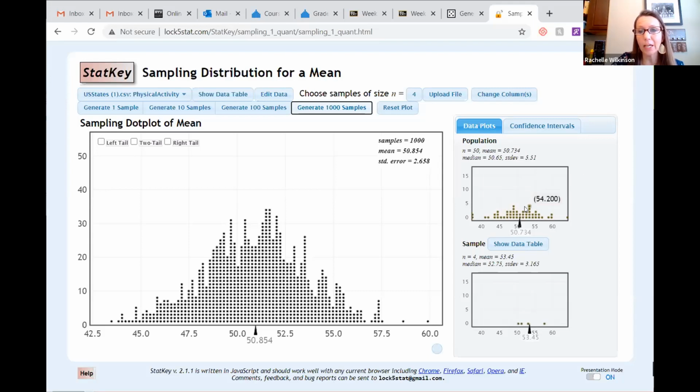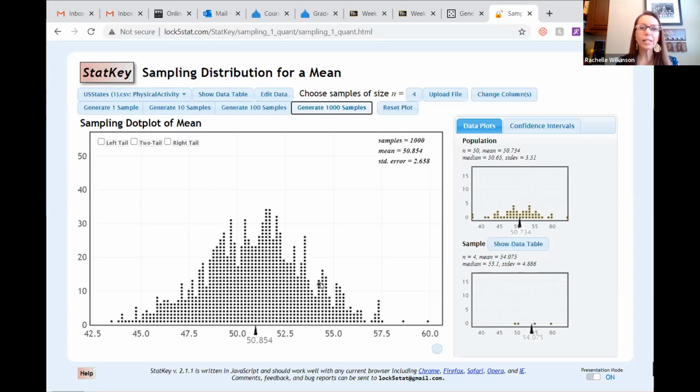In our population, one dot was one individual, but in a sampling distribution, one dot is one sample mean. So it's one sample statistic. In this case, it's one sample mean from a sample of 4 states. You might write that down: sampling distribution, one dot equals one sample mean in this case.